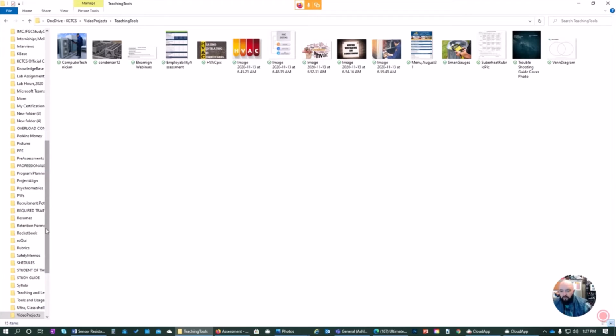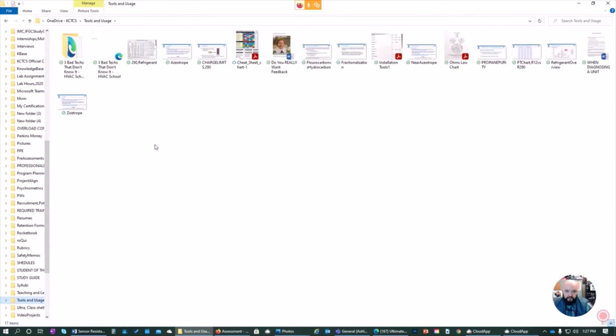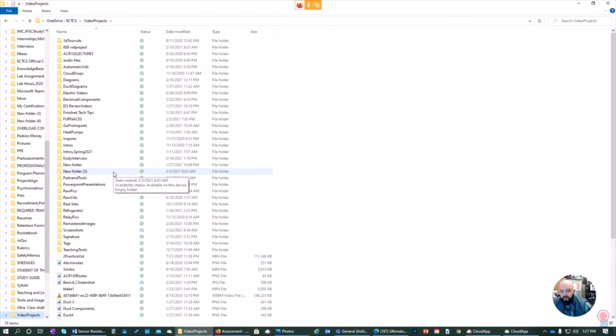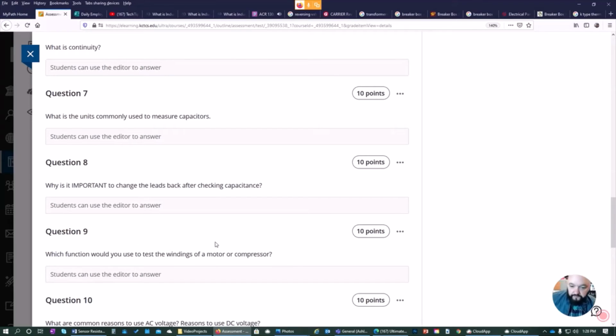And if you don't have one, you're in big trouble. So make sure that you always change your lead back from microfarads to the correct position to check voltage and whatever before you apply voltage to those leads, or you'll burn up your meter. I was looking for a picture of that, but I'll get one here at the end.